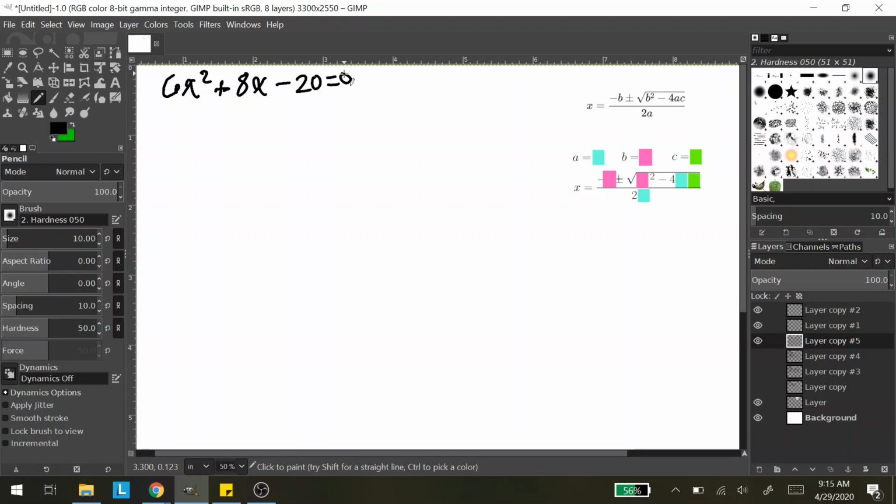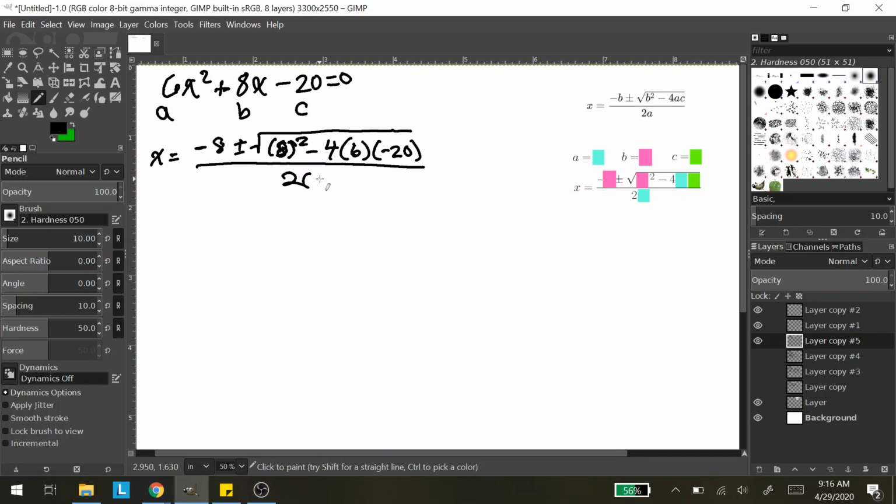So what we're going to start with again is identifying A, B, and C. Just going to plug them into the formula. Opposite of B, which is negative 8, plus or minus the square root of B squared, minus 4, A is 6, and C is negative 20, all over 2A.